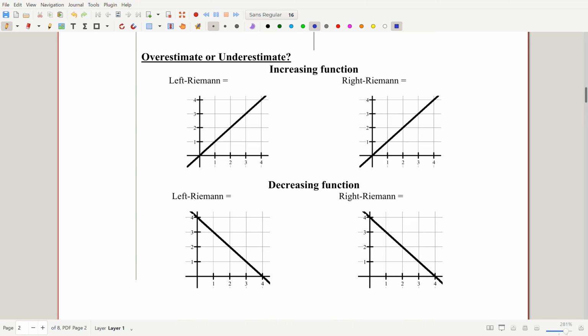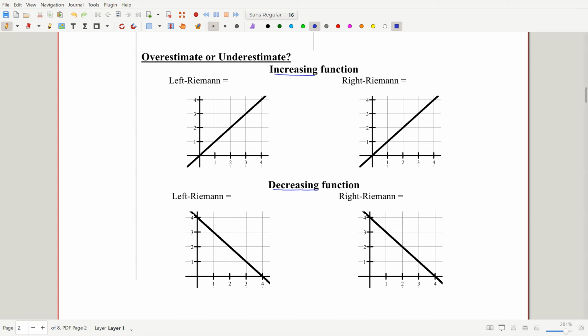The one thing that you have to remember is that if we're talking about either left or right Riemann sums, whether the function is increasing or decreasing will tell you whether you're an underestimate or an overestimate. Okay? So this is the thing to remember. If you want to know if you're an underestimate or an overestimate and you're talking left-right, it's all about increasing or decreasing. You can draw yourself a quick sketch to figure it out.